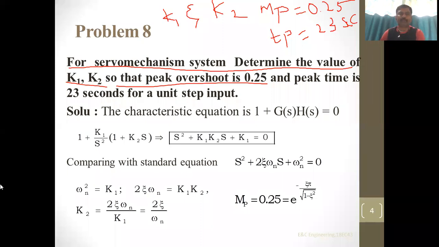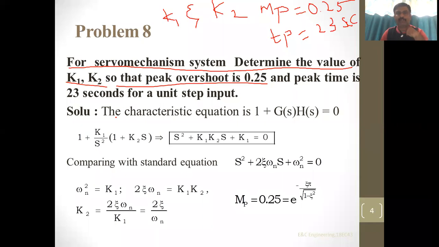Is it okay? First thing is let me recall the characteristic equation 1 plus G of S into H of S. Now this is the servo mechanism with the characteristic equation.